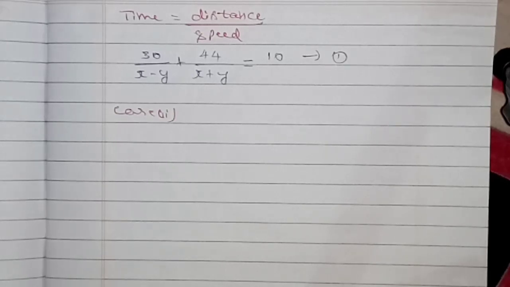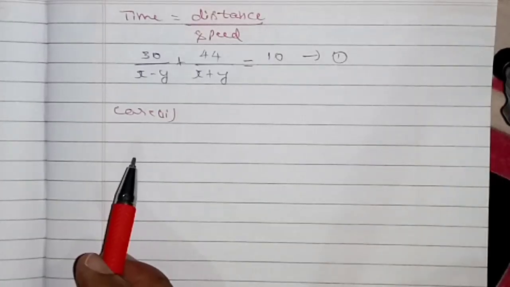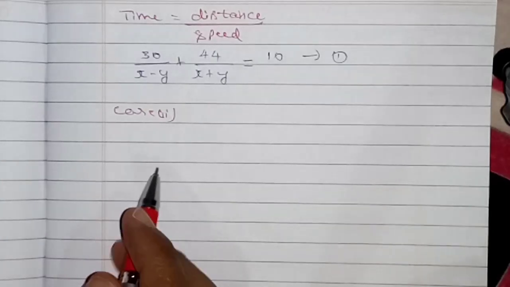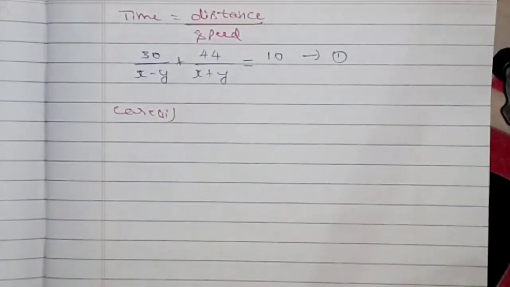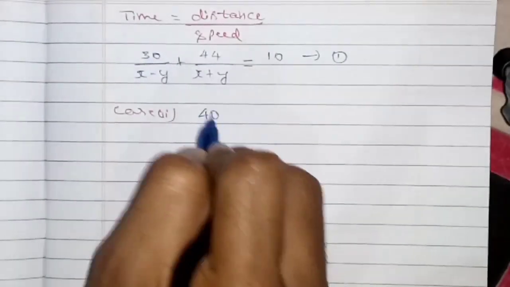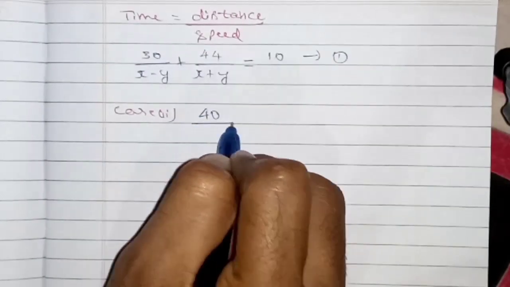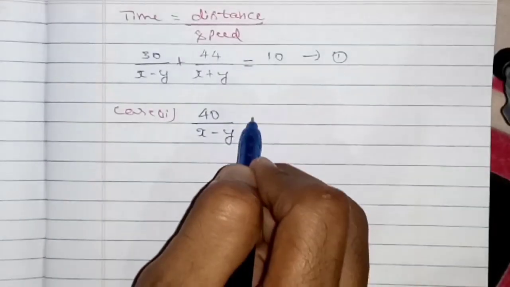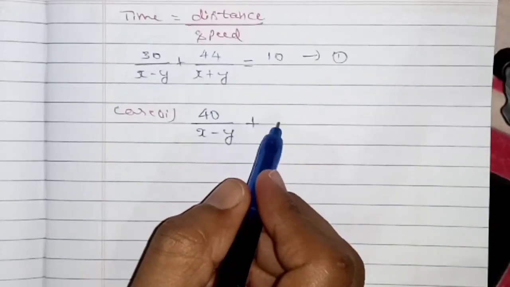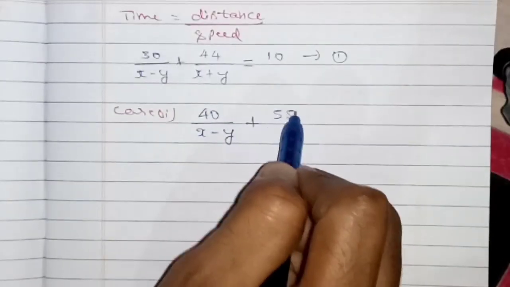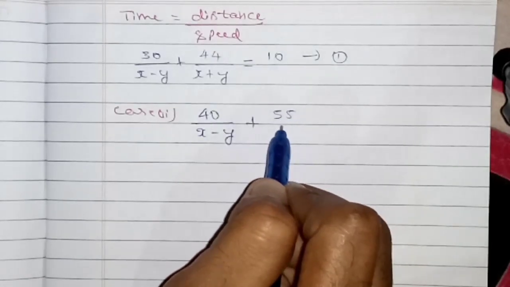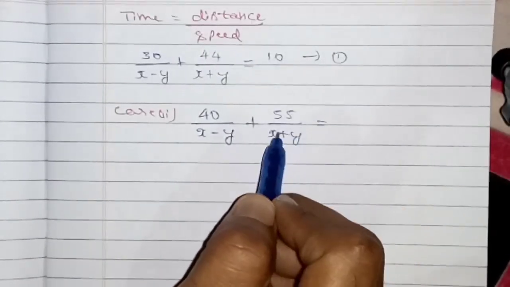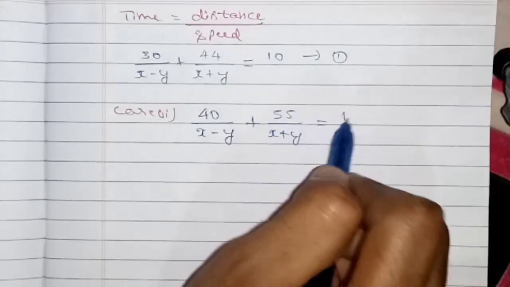Now for case 2, what is the distance that the boat has traveled towards the upstream? The distance is 40 kilometer towards the upstream, and the speed is as usual x minus y, plus the boat has traveled 55 kilometer at a speed of x plus y kilometer per hour, and it takes a total of 13 hours, right children?